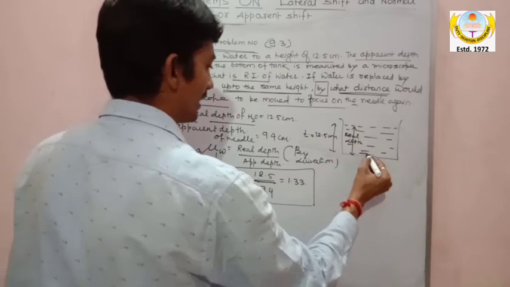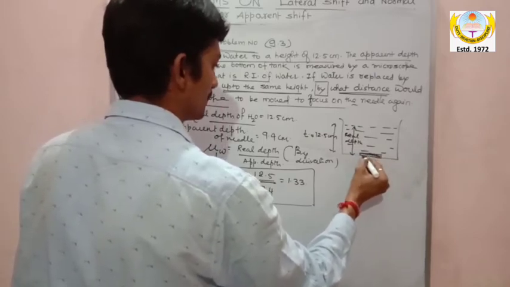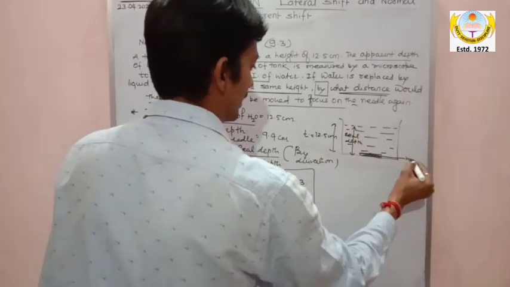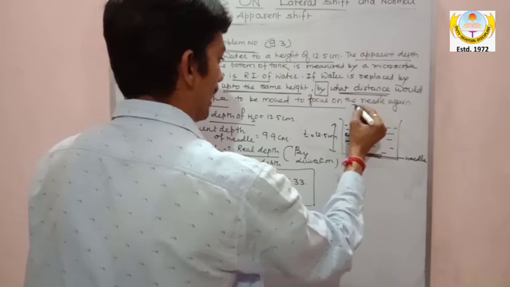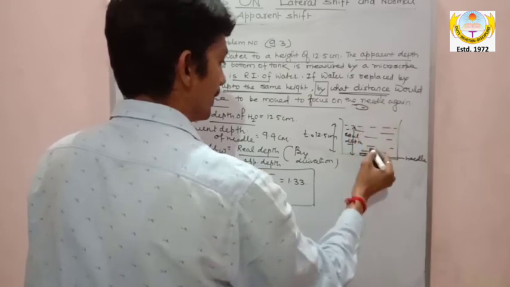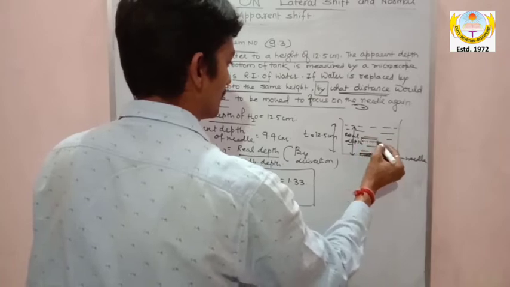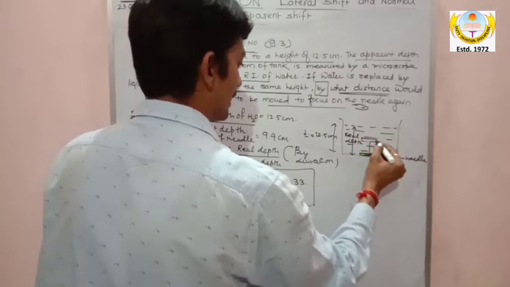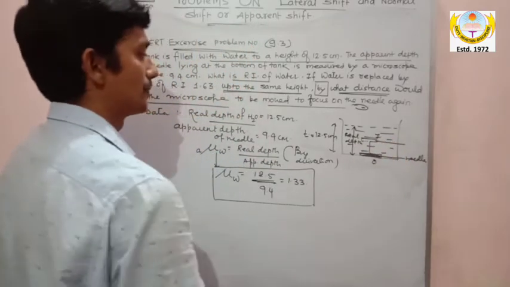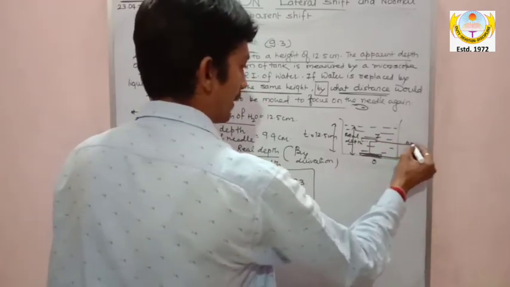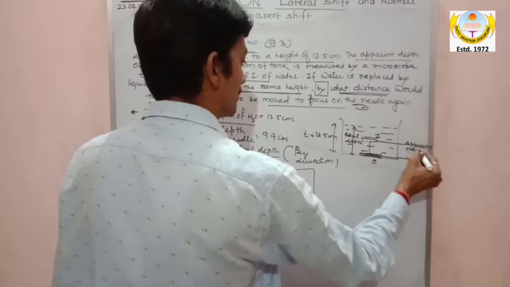And say here is the needle lying at the bottom. This is the needle. So when I view it from outside, this needle will appear here. This is the image and this is the object. Here I am writing apparent needle.